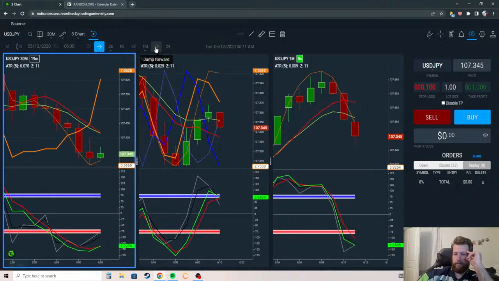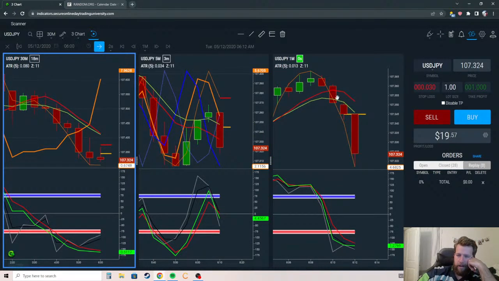I do have a bearish Hydra now, which, based off the pressures, I'm okay with looking for some points here. Nothing big, especially where the ATR is only at almost 3 pips. Okay, that's good.